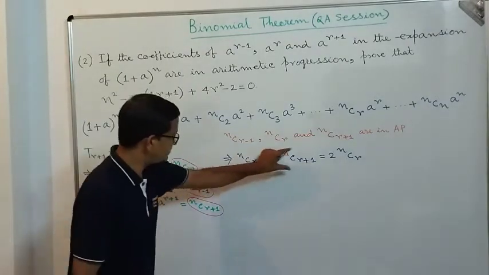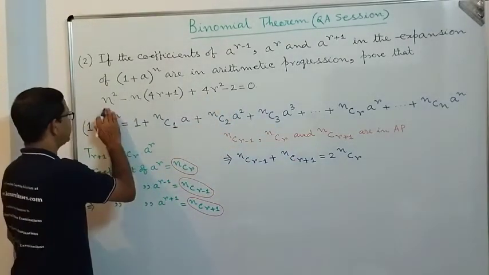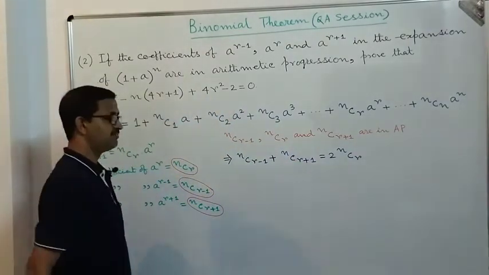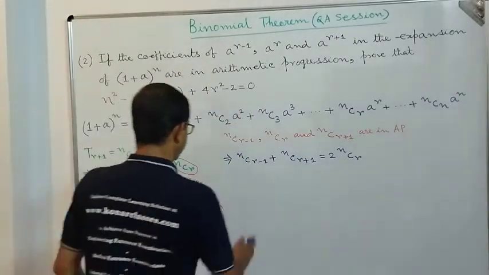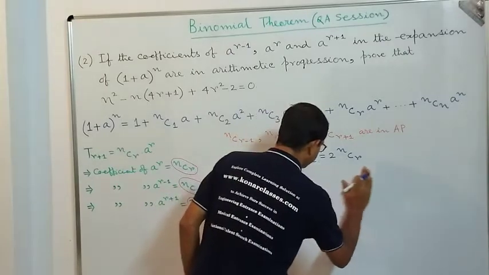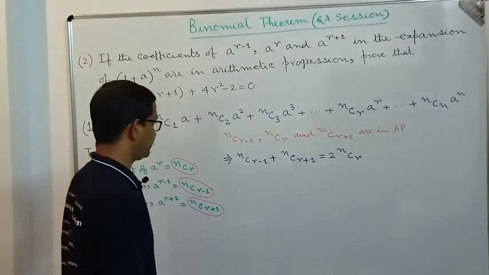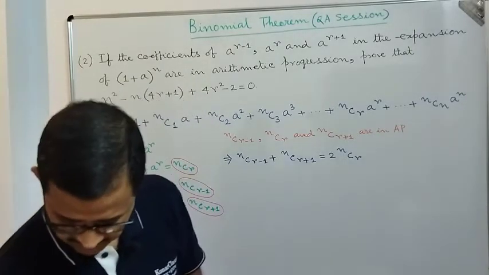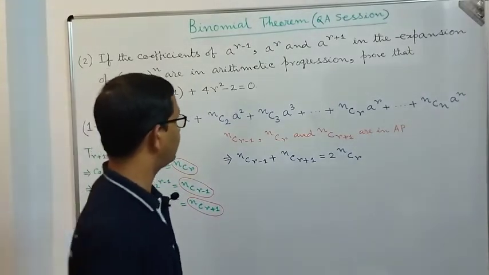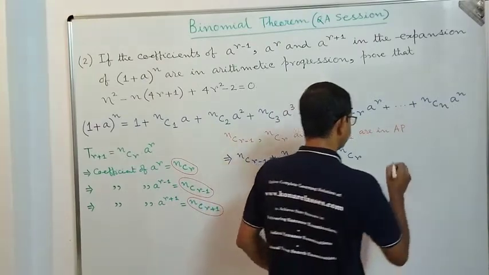Now from this relation we need to prove this one, that n square minus n into (4r plus 1) plus 4r square minus 2 equal to 0. Now how to proceed? If we see this thing, dear students, there is a formula from combination, and I am writing this formula here. We need to make use of this formula.